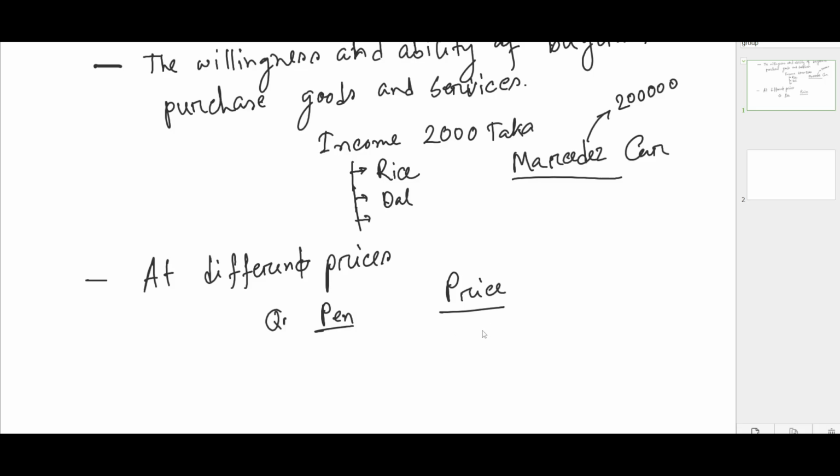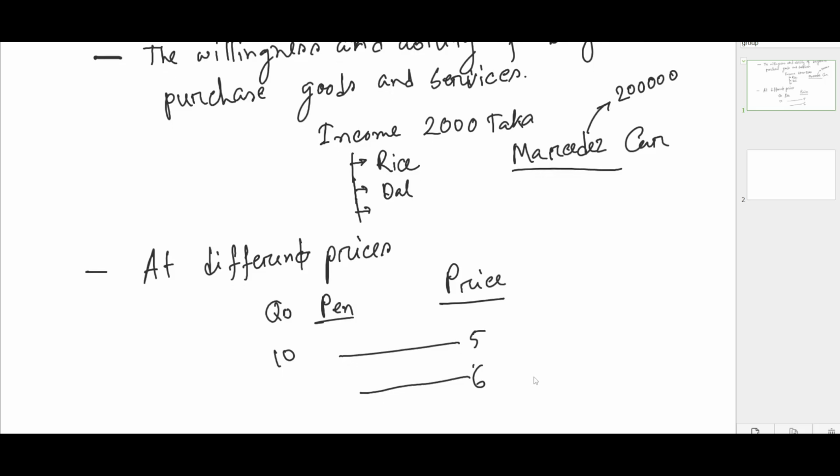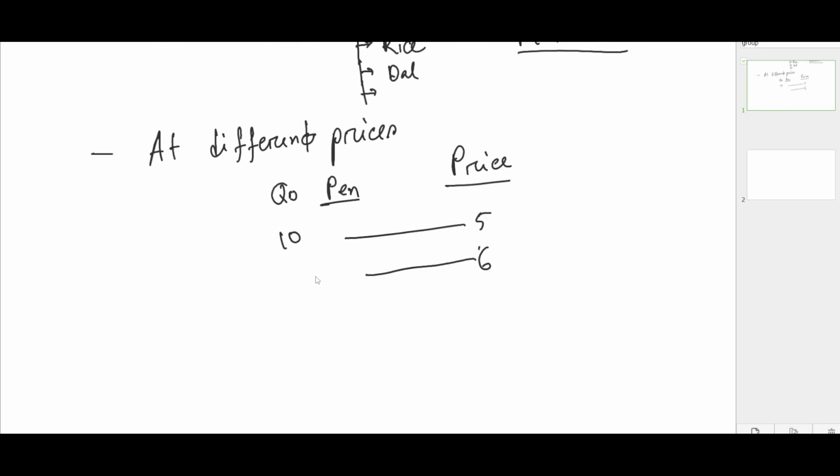When the price of the pen is 5 taka, the quantity I demand for pens is 10. When the price of the pen is 6 taka, that means the price increases, so I will demand a lower amount of pens.